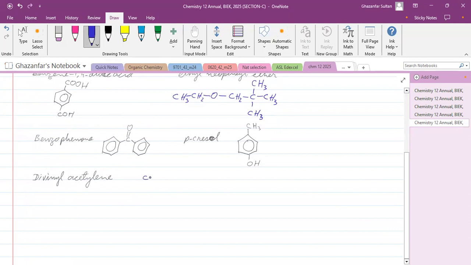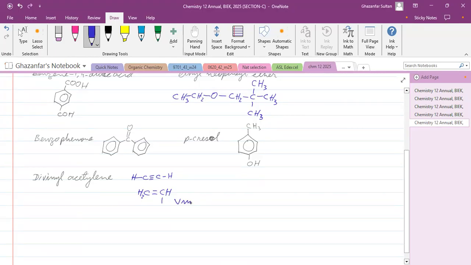We know acetylene is ethyne. And the vinyl group is when you remove one of the hydrogens from ethene. This is ethene, and if you remove any one of the hydrogens, one valency becomes free.